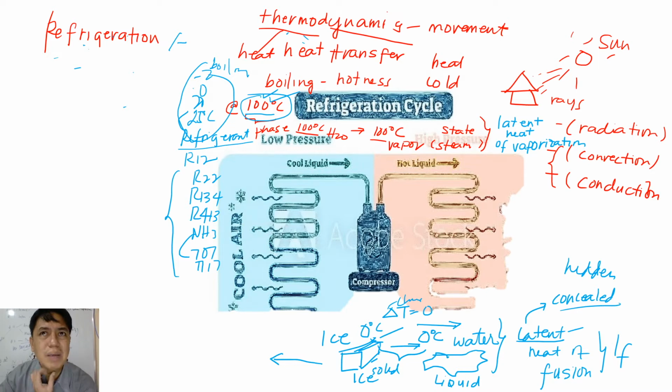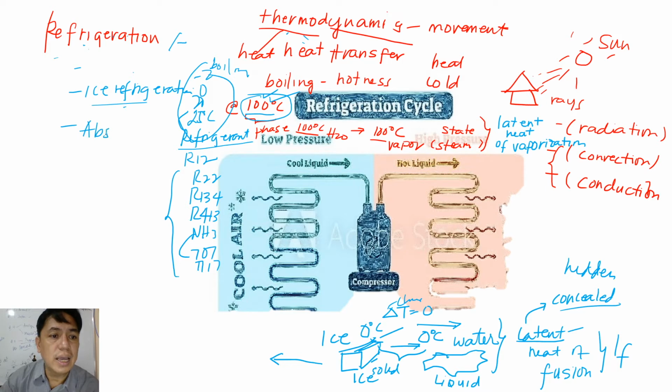So there are many kinds of refrigeration, if I may put it here. Last time, I mean last few weeks, we were talking about ice refrigeration. And the other one that we're going to discuss later on, at the end of this subject, is absorption refrigeration.